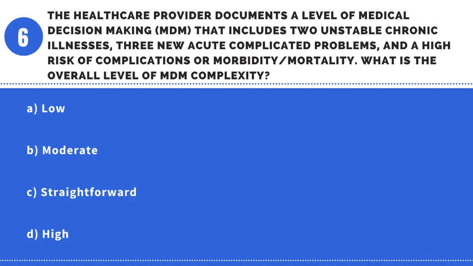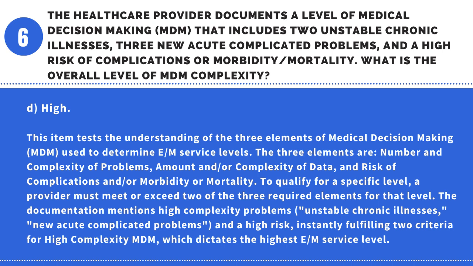C. Straightforward. D. High. Answer D. High. This item tests the understanding of the 3 elements of medical decision-making, MDM, used to determine E/M service levels. The 3 elements are number and complexity of problems, amount and/or complexity of data, and risk of complications and/or morbidity or mortality.